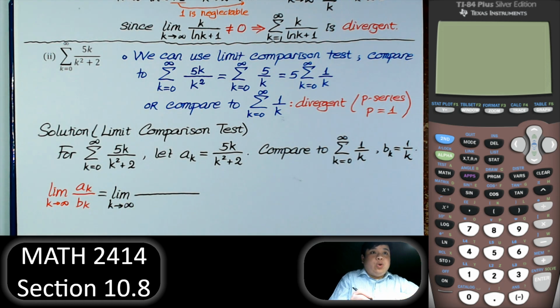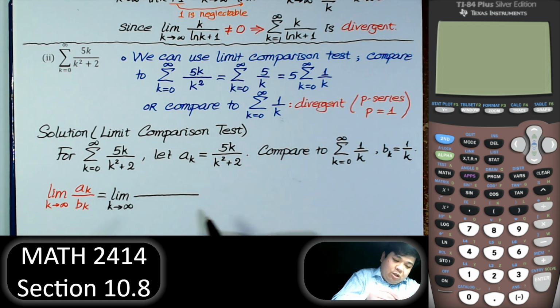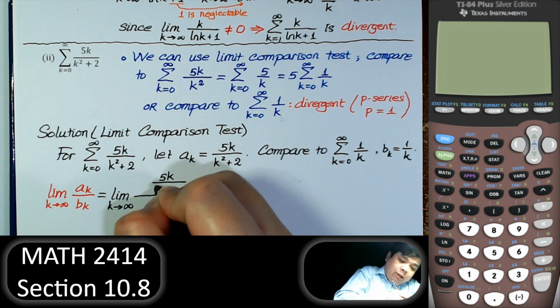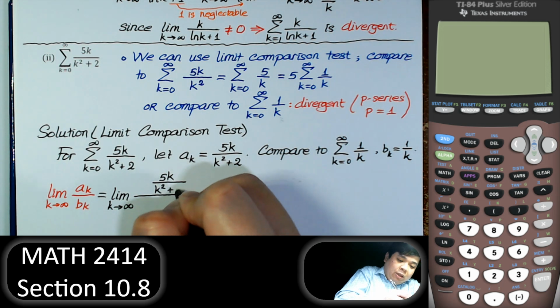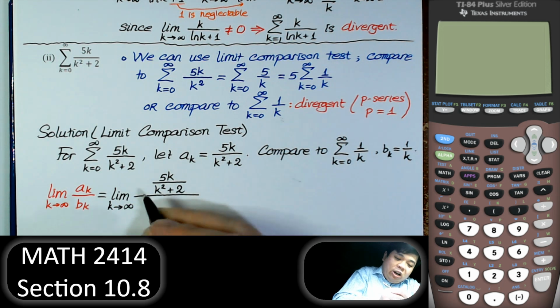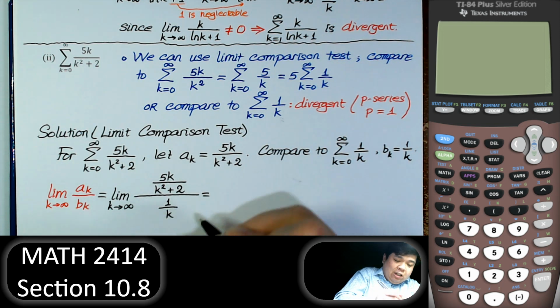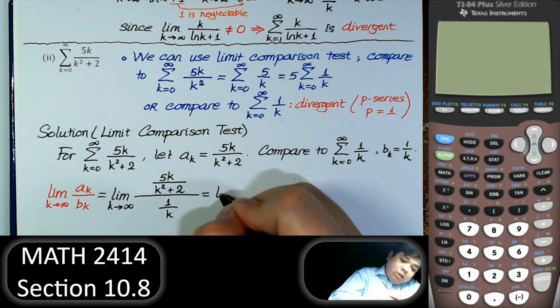Now this is not a ratio test, so no absolute values here. Just use that. So 5k. Right. There's one subtle thing that I forgot to mention. Do that. Multiply reciprocal.